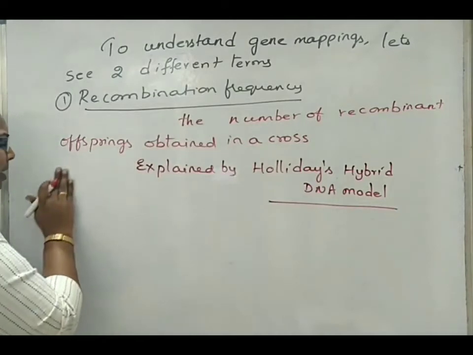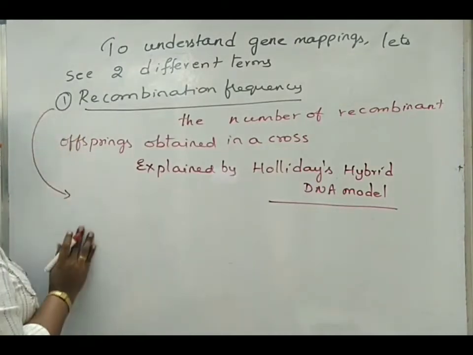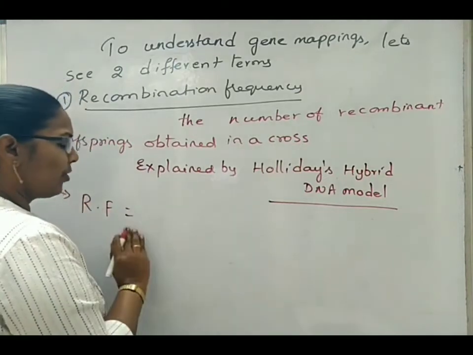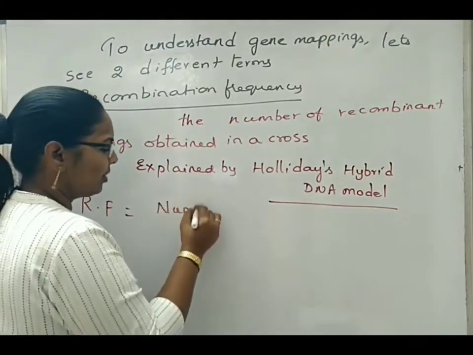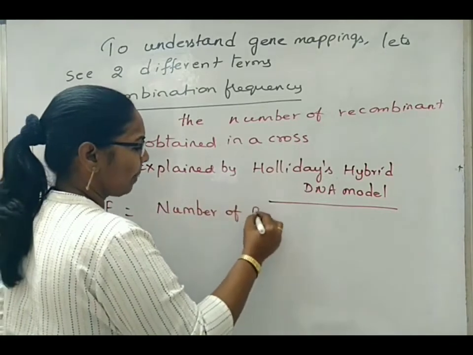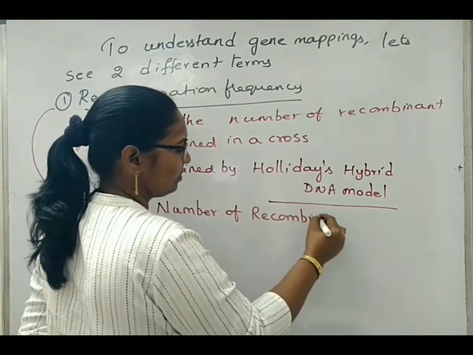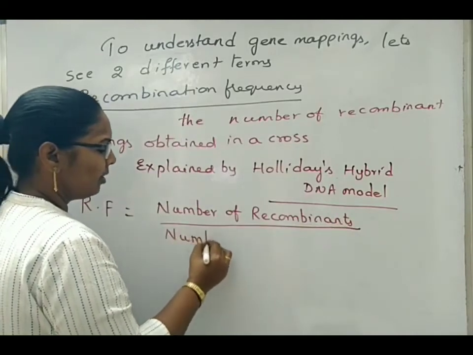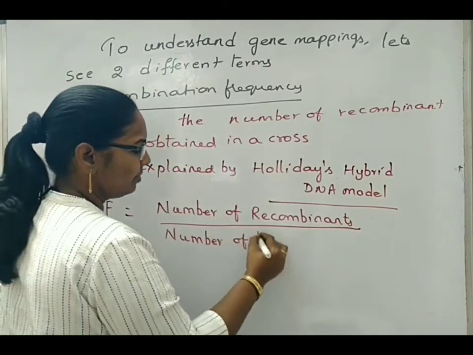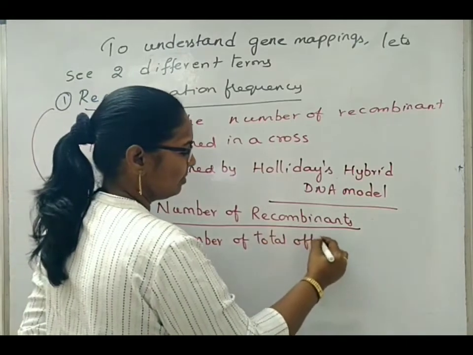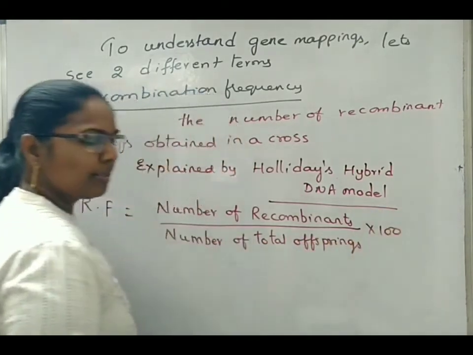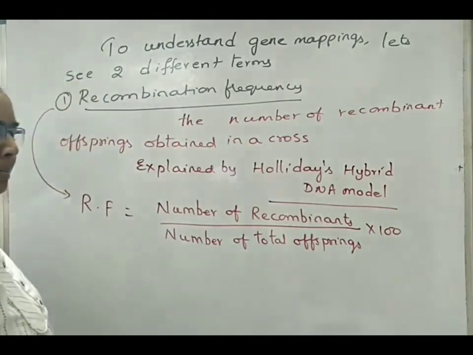Now, there is a formula to calculate this recombination frequency. Recombination frequency can be formulated as number of recombinants divided by number of total offsprings into 100 to get the recombination frequency percentage.